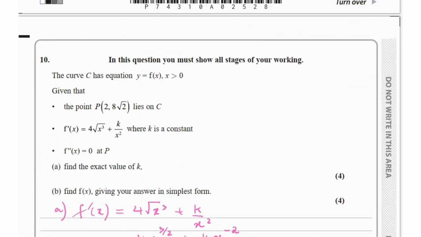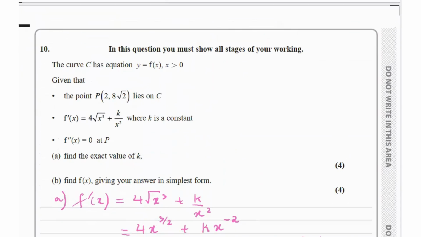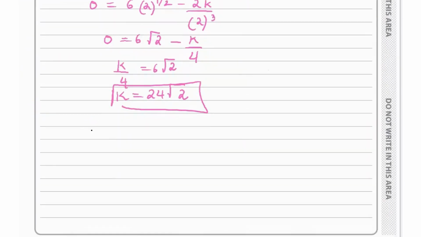After that, it's saying find f of x giving answer in simplest form. So to find f of x, we're going to integrate the first derivative because we're going backwards now. So firstly, let's write our first derivative equation with the value of k, which is going to be 4 root of x cubed plus 24 root 2 over x squared.